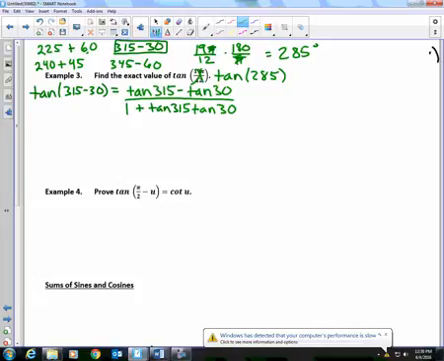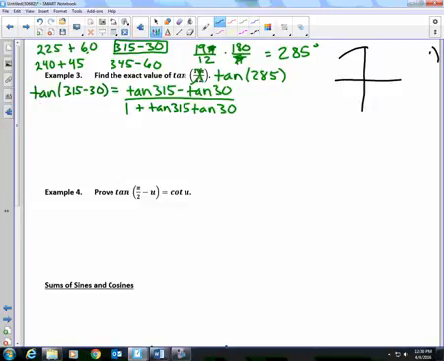Now I need exact values. So I'm going to make a unit circle. Again, you got to come up with these exact values on your own. You got to be able to construct these triangles. 315 looks like that. We know the terminal point for 315: root of 2 over 2, and the second one is negative, right?